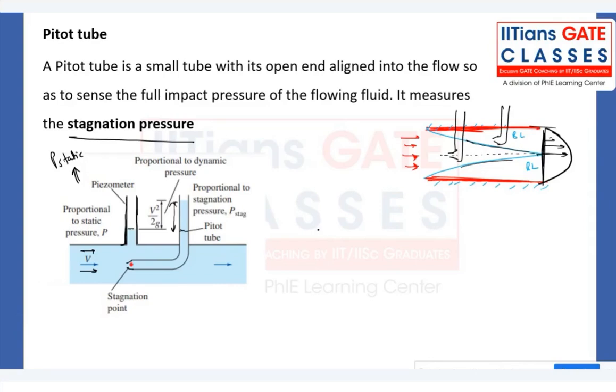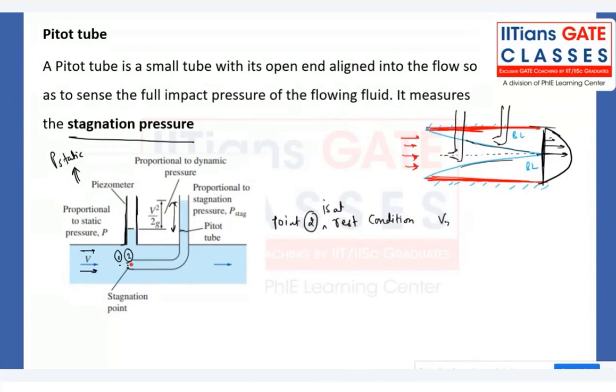Now what we will do is apply the Bernoulli equation between 1 and 2. Let me consider point number 1 just outside of the pitot tube, and point number 2 just inside of that pitot tube, right? Point number 2 is at rest conditions.